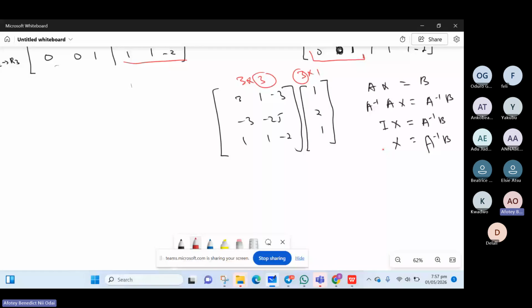So when you multiply, you get 3 times 1 plus 1 minus 3 times 1. So this is your X. So your X is equal to 1.